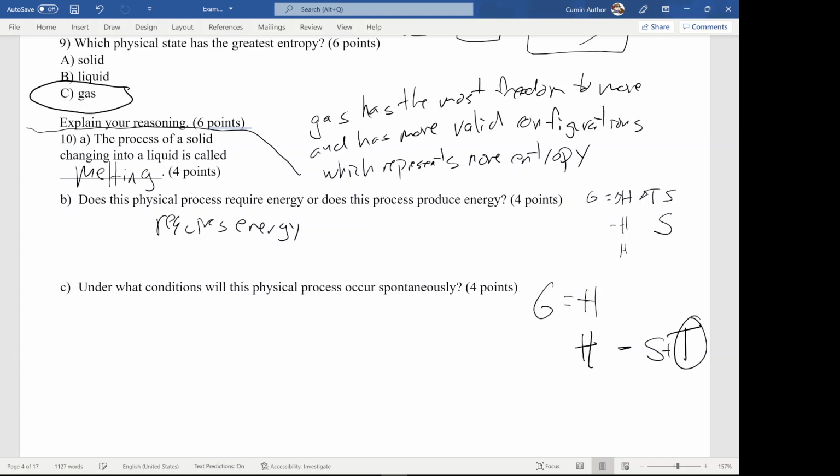So we reach a certain critical temperature which makes the entropy more of a factor, and that is the temperature at which things melt. So they have to reach the melting temperature of the chemical.